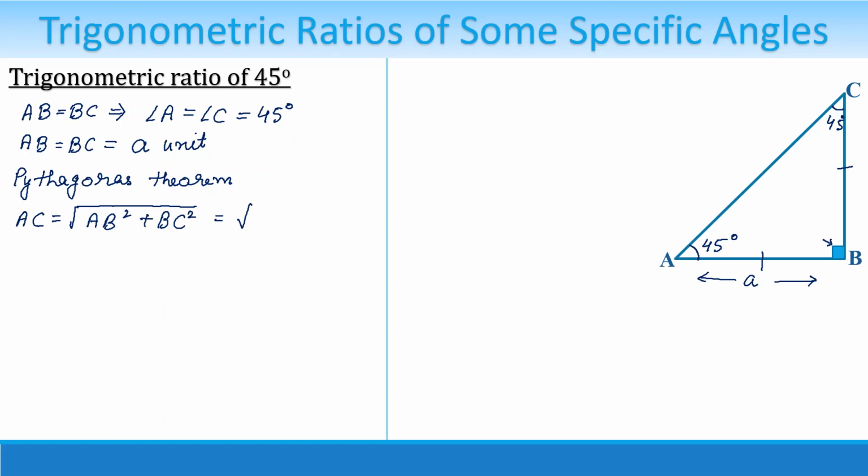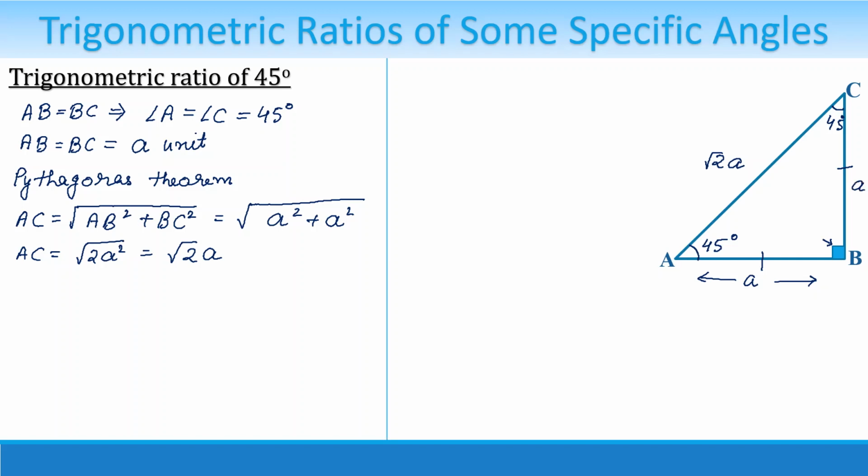In terms of values, it will be a square plus a square. So further we can write AC as root under 2a square. a square can come out from the root and it becomes root 2 a. So what we have obtained is the value of AC as root 2 a.